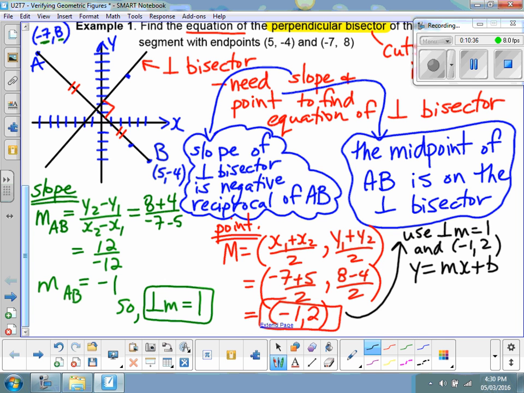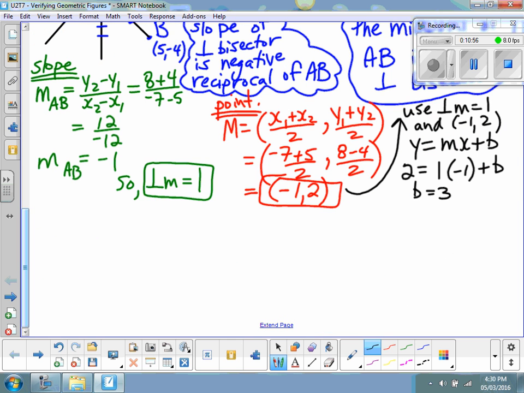There's no fractional slope here, so I can use y equals mx plus b. My y is 2, my m is 1, my x is negative 1. When I move things around, I end up with b equals 3.